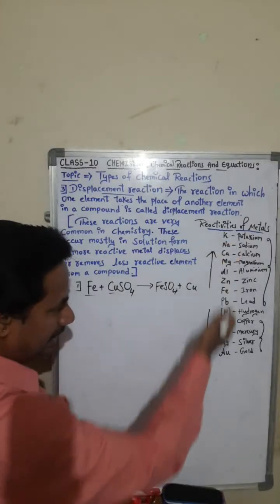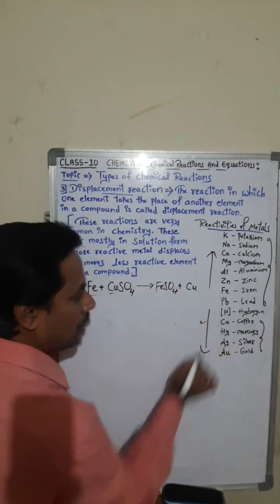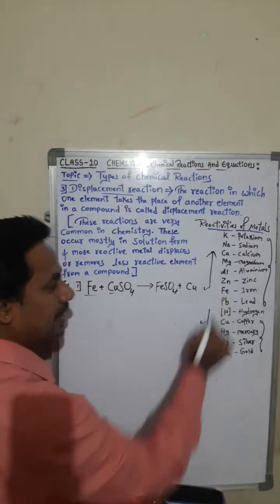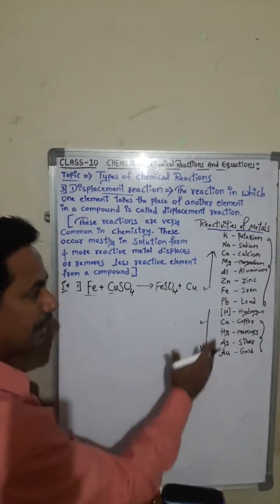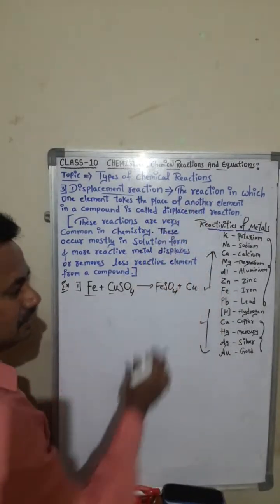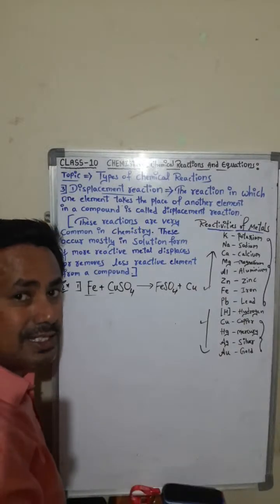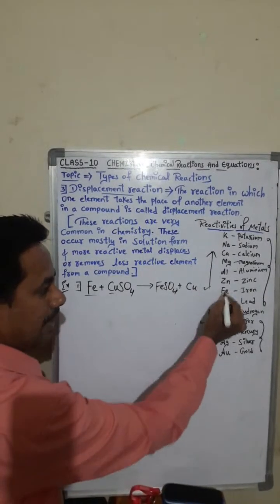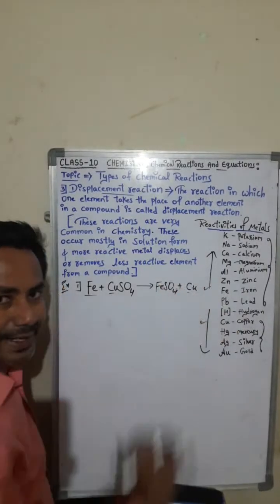How? You can see in the reactivity series, students. Copper is in this position, but where is iron? Iron is here. Iron is more reactive than copper. From hydrogen, the reactivity series increases in this direction and decreases in the other. So iron displaces copper, and copper is separated.